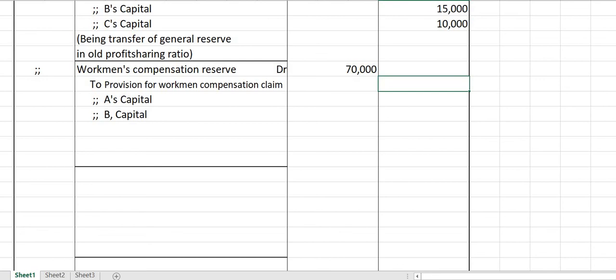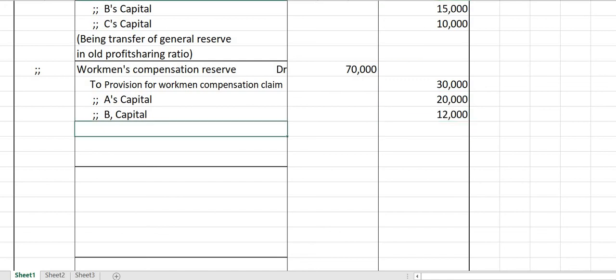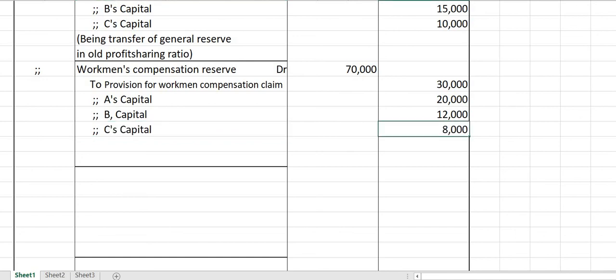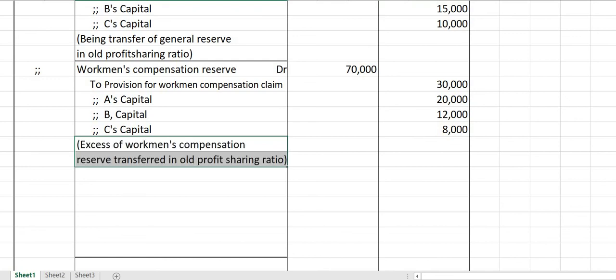Then workmen's compensation claim 30,000 was there, remaining A's share 20,000, B's share 12,000, and C's capital we will write 8,000. Being the excess workmen's compensation reserve transferred to old partners' capital in their old profit sharing ratio.